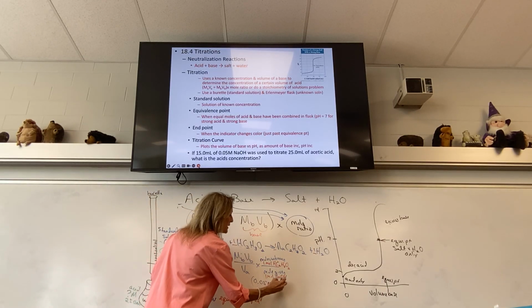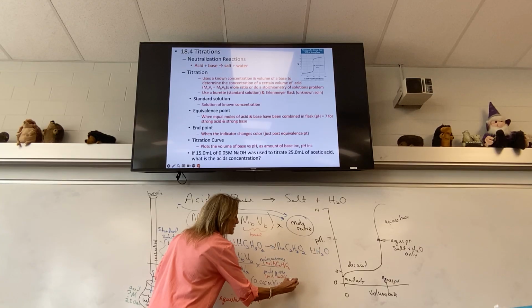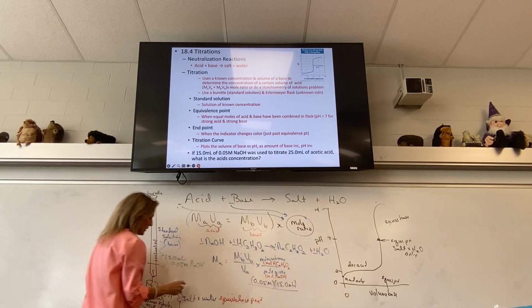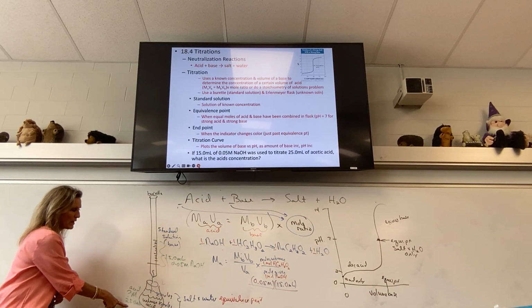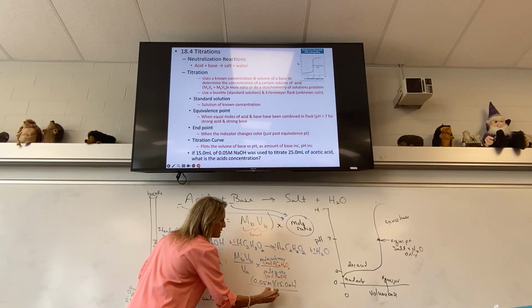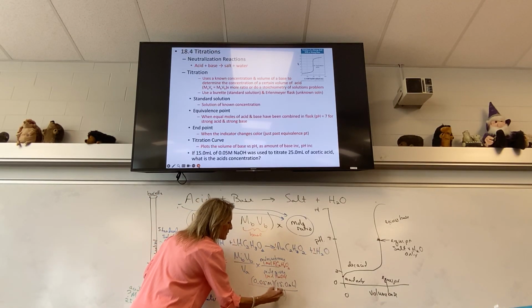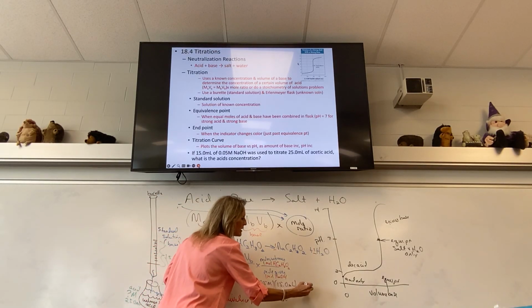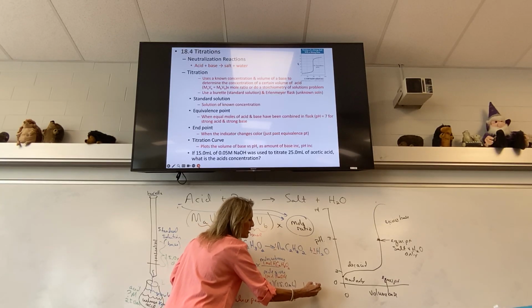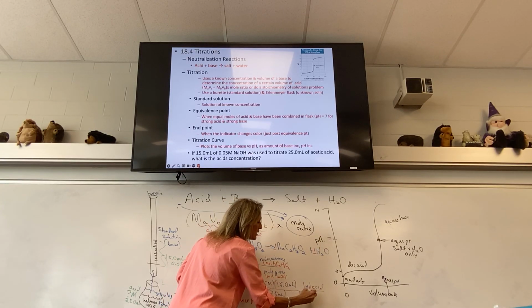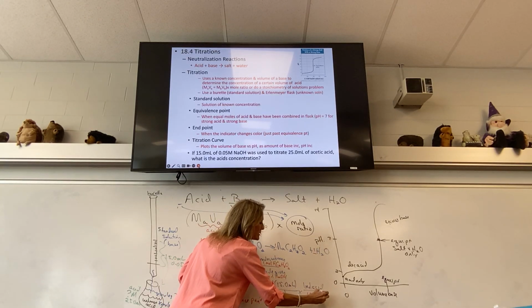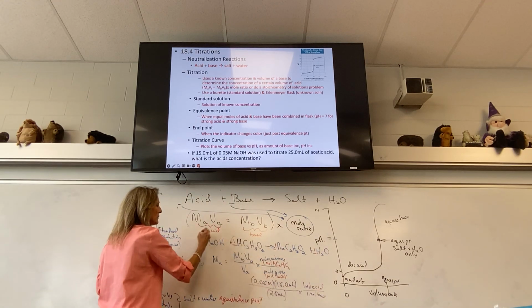So we can keep it in milliliters over our volume of acid. So we started out with 25 milliliters of acid. And then again, technically, we have 1 mole of acid over 1 mole of base from our balancing.